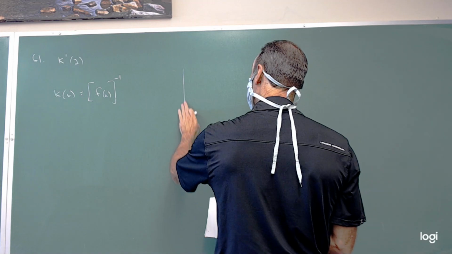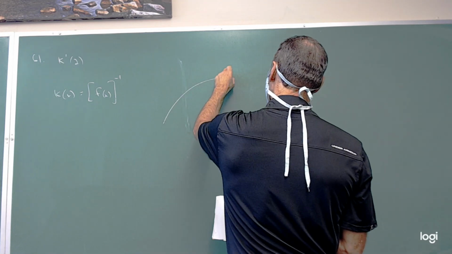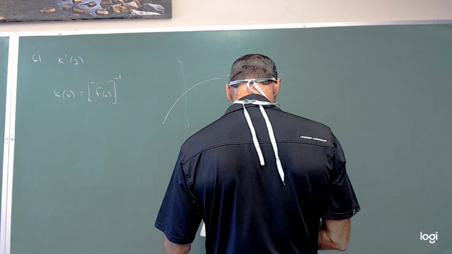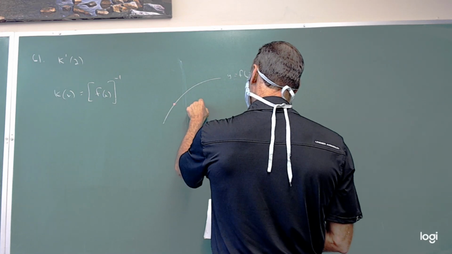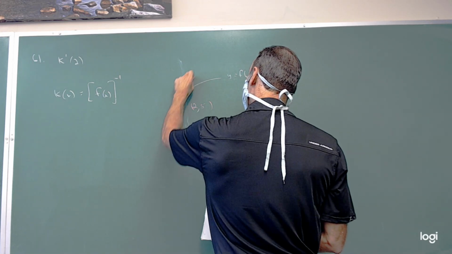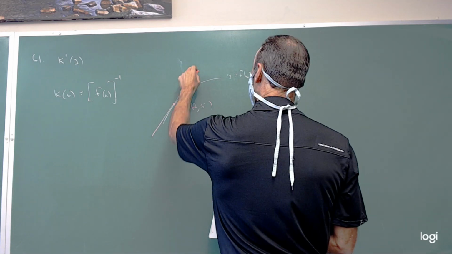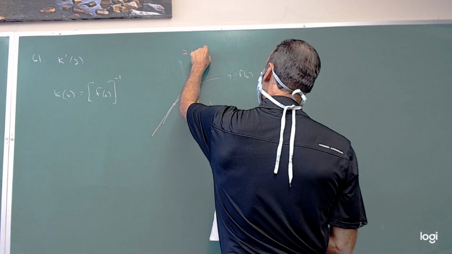So actually, we don't know that. f of x does something like this. And then we've got a tangent line to f at 2, 5. So that's the point (2, 5), and then we've got a tangent line that comes up. And then we know another point on the tangent line up here that's (2.1, 5.3).